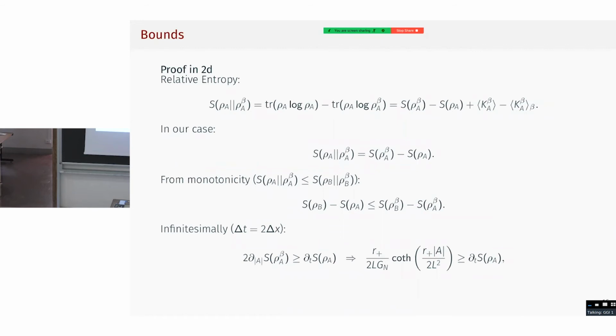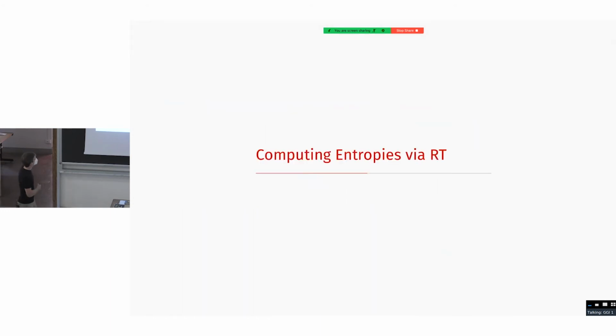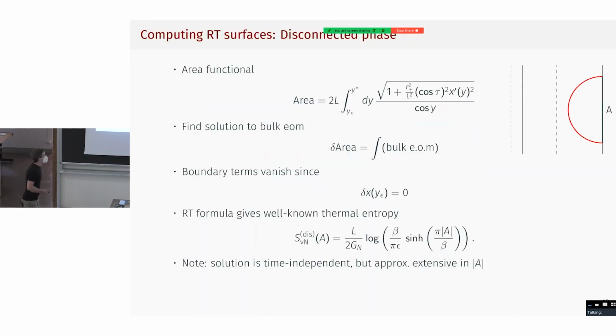Okay. So if we plug this into the non-monotonicity condition, then after a little bit of algebra and plugging in the correct values, we get precisely the local bound I was talking about before. And so this is now the bound we want to check. Before we do this, let me remind you of a few subtleties which are important in computing RT surfaces.